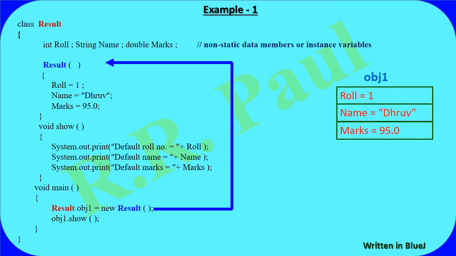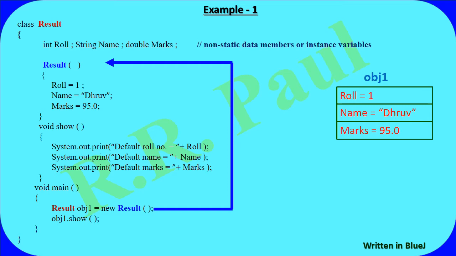Object is also termed as an instance of a class. So as soon as the object obj1 is created, along with it, the data members roll, name and marks get associated. These three data members are declared as non-static.